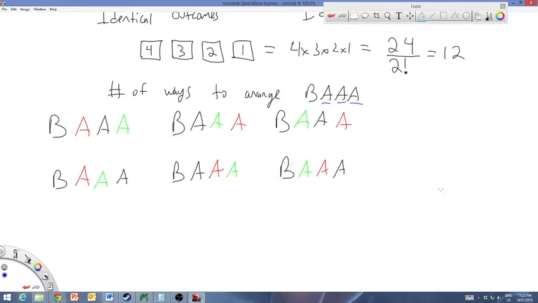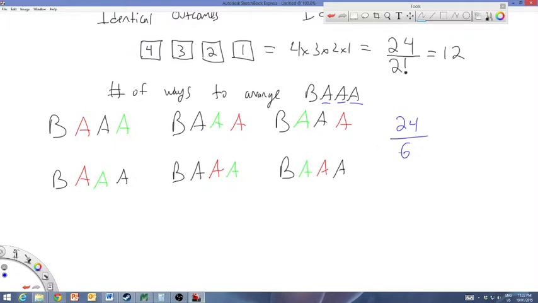So if I had 4 unique things, I would have 24 possibilities. But because 3 of them are identical, I have to divide by 6.